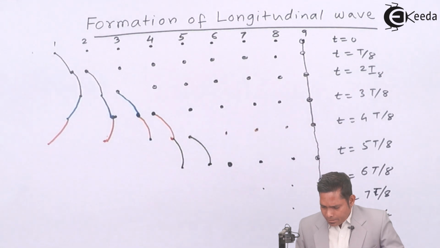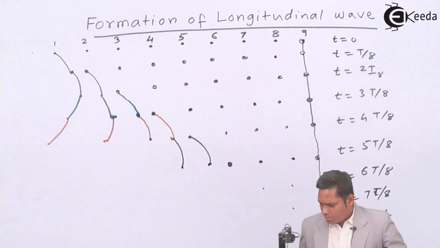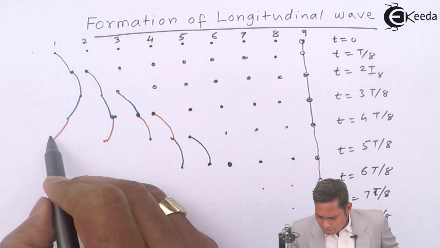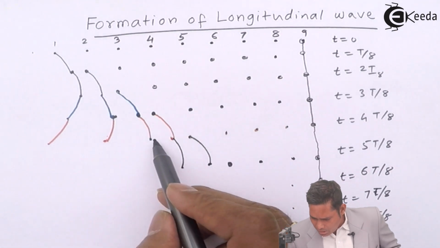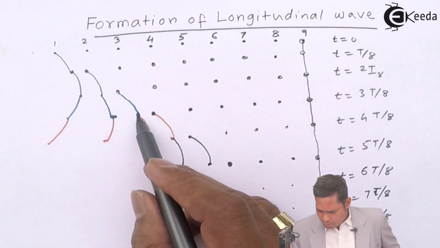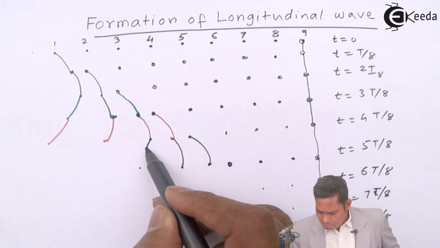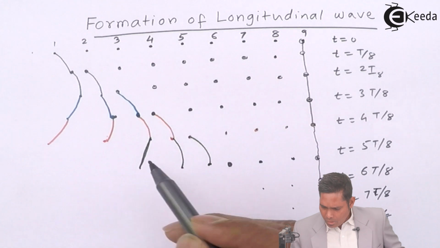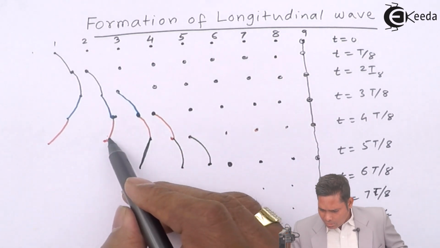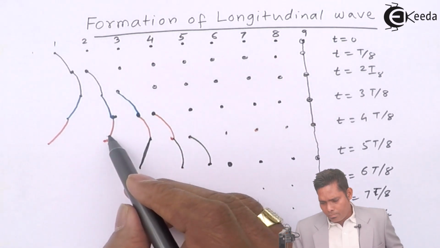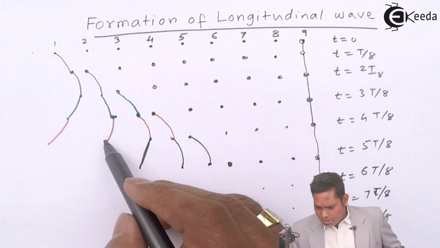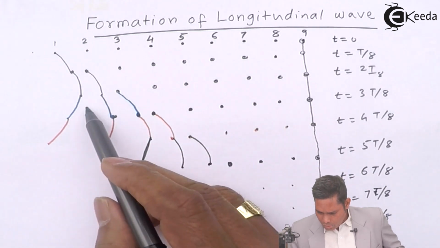By that time, we will draw the profile for other particles. This particle which is at the extreme now comes to the mid position, so it will come to this line, this one. This is at the extreme, this is at the mid, so it will come to the mean position.